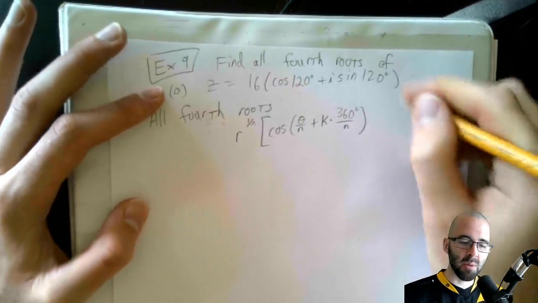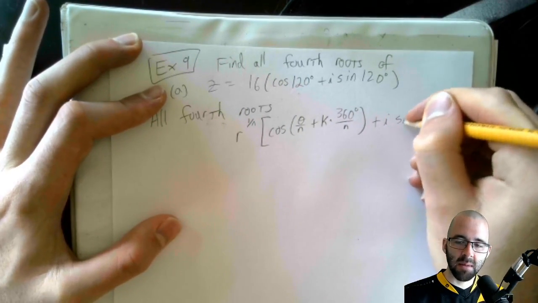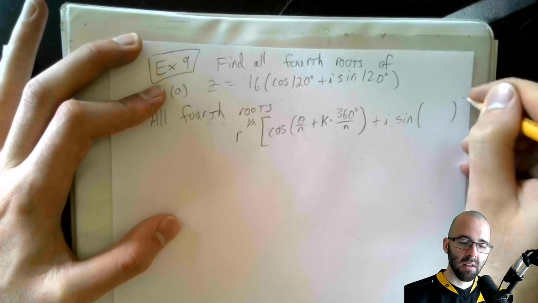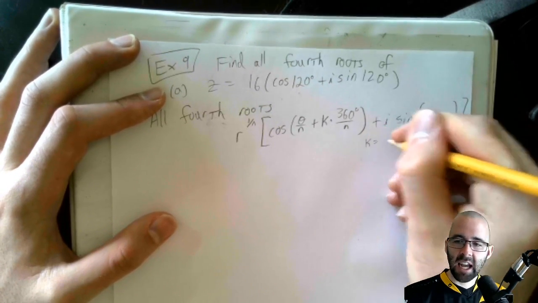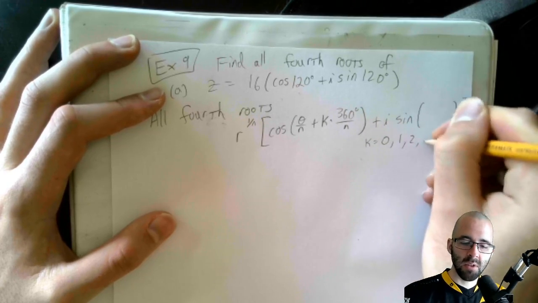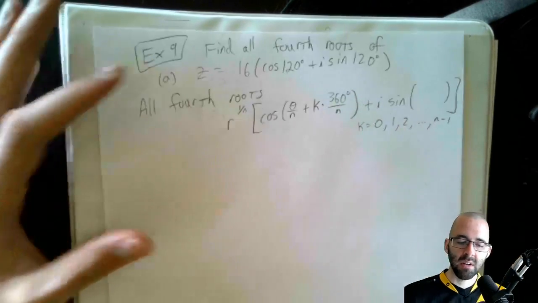We're just copying down the formula. Plus i times sine of the same thing. Okay? Where k is 0, 1, 2, all the way up to n minus 1.